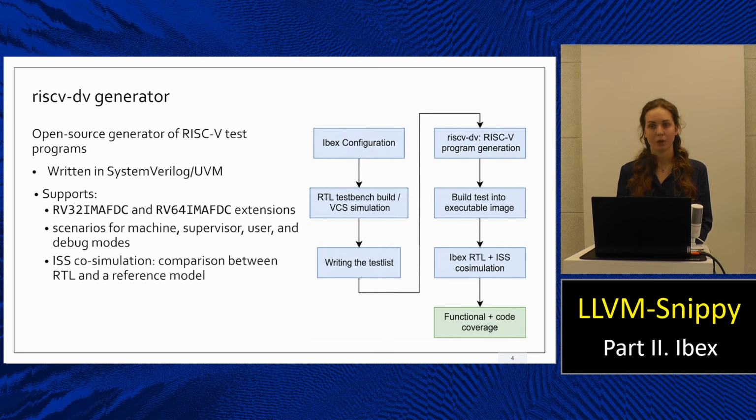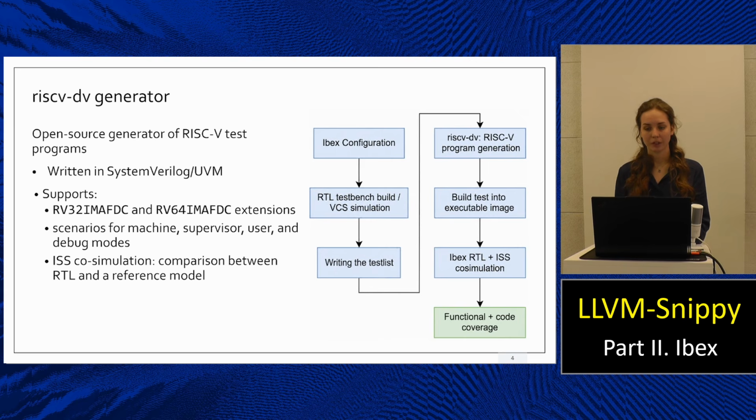If the behavior of the RTL and the ISS diverges, then there is a problem somewhere, either in the core, or in the test environment, or in the test assumptions. And on top of all of this, functional and code coverage are collected.